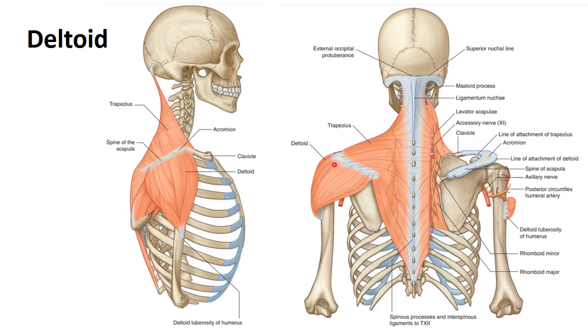Of course, the origin of the deltoid is a mirror image of the insertion of the trapezius. This is important: if you forget one, you can remember it through the other. If you forget the insertion of the trapezius, you can remember it if you memorized the origin of the deltoid. Nerve supply of the deltoid is by the axillary nerve. This is the axillary nerve. It runs around the humerus, and we will discuss the axillary nerve later.